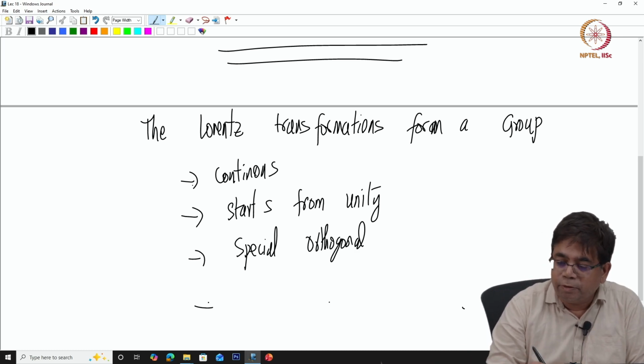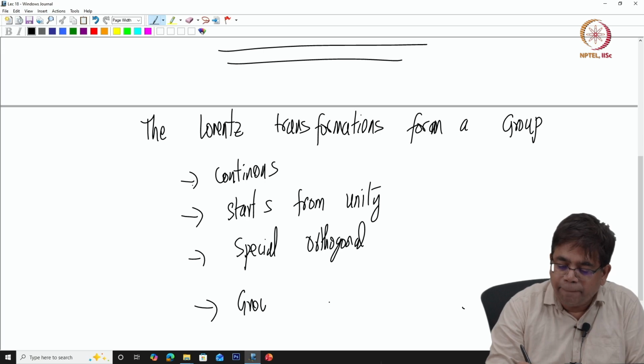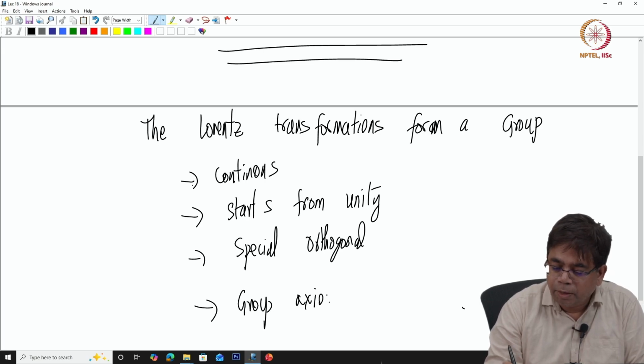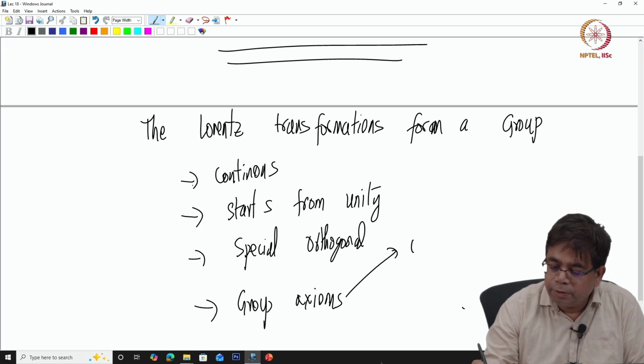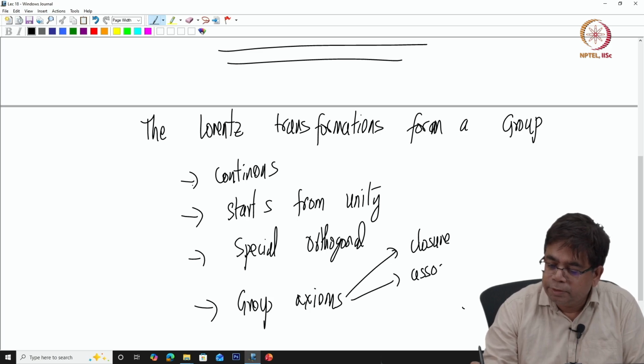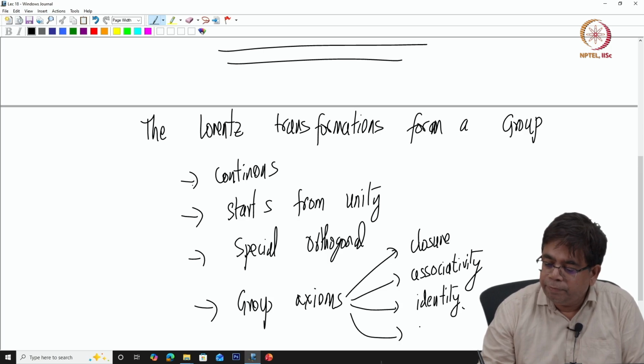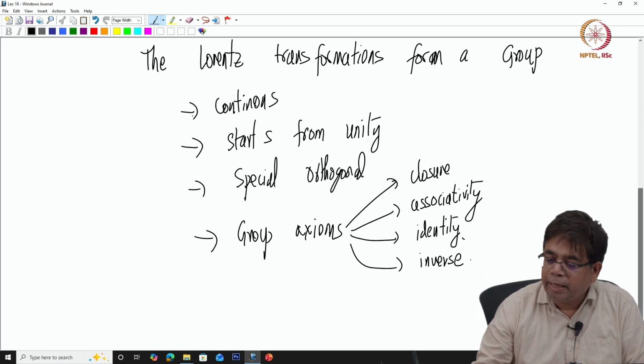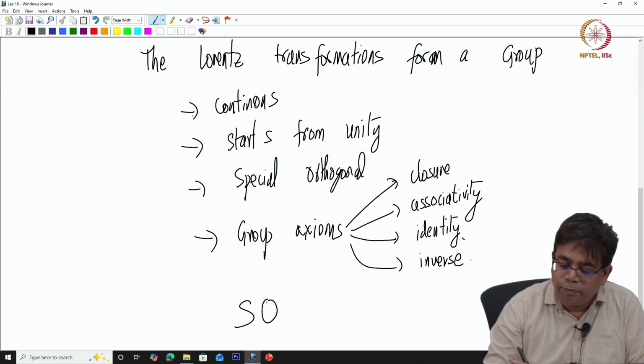So, it satisfies all the group axioms, the group axioms being closure, associativity, identity, inverse, and the group has a name, it is called SO(3,1).